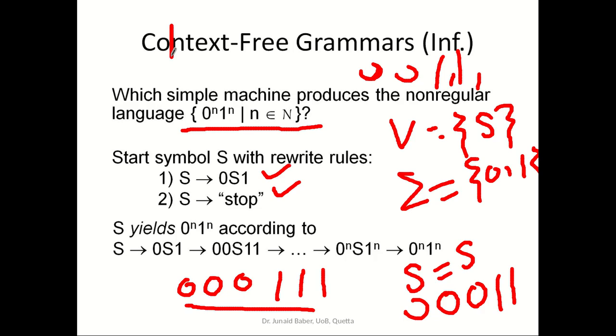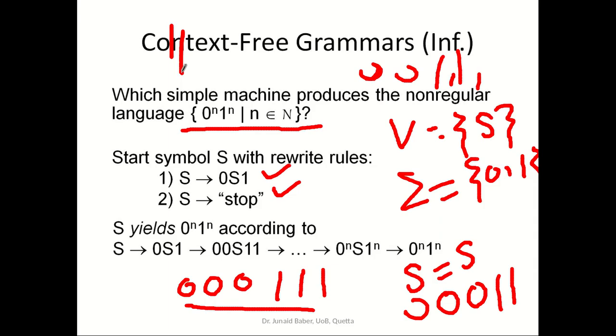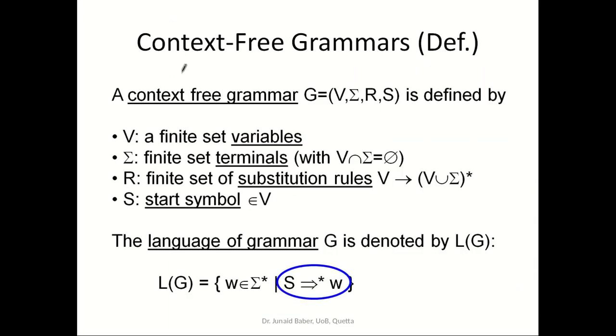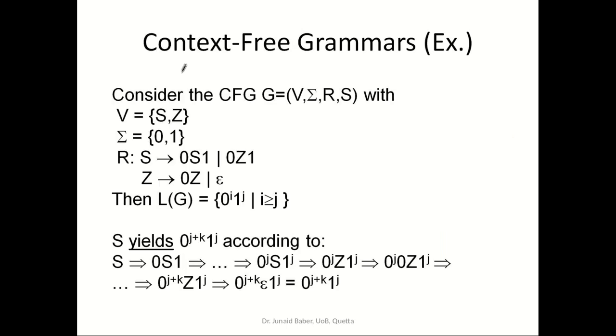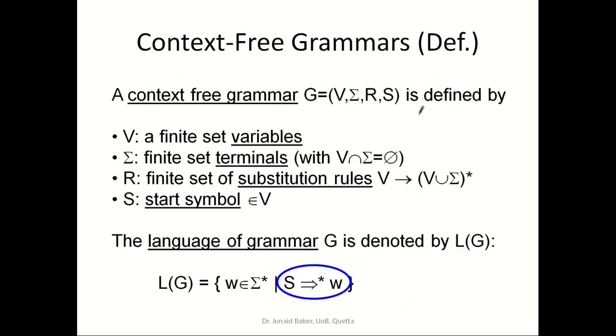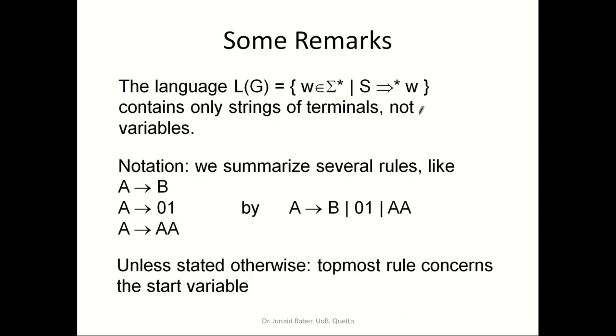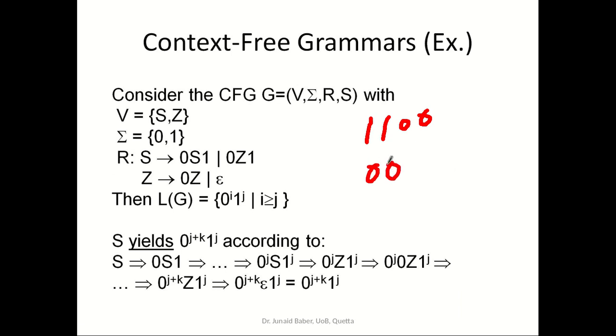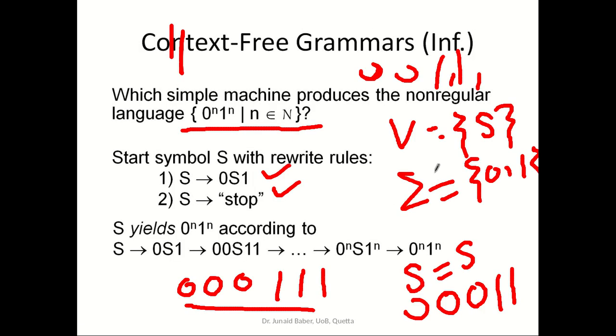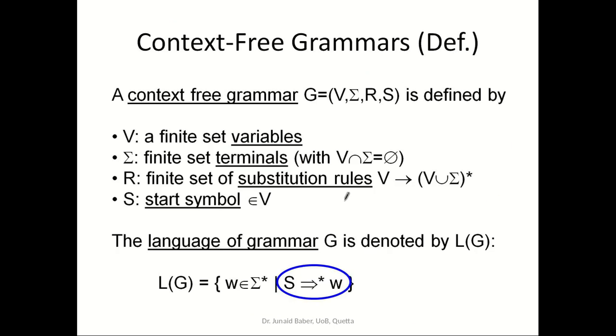Whether this can be generated or not, we will start from the rules, and we will keep applying the derivations, and we will stop when the desired string is achieved.